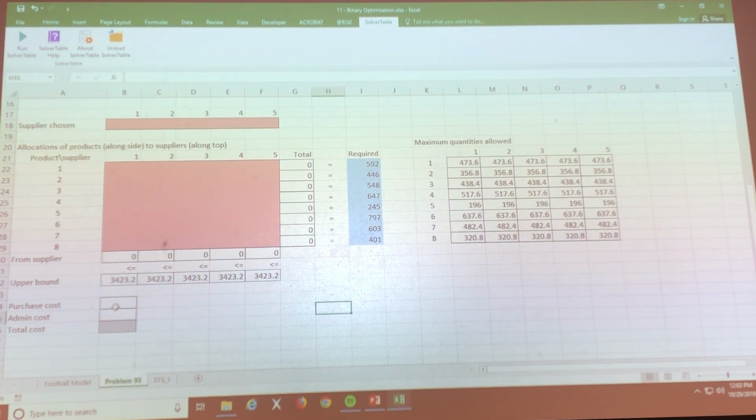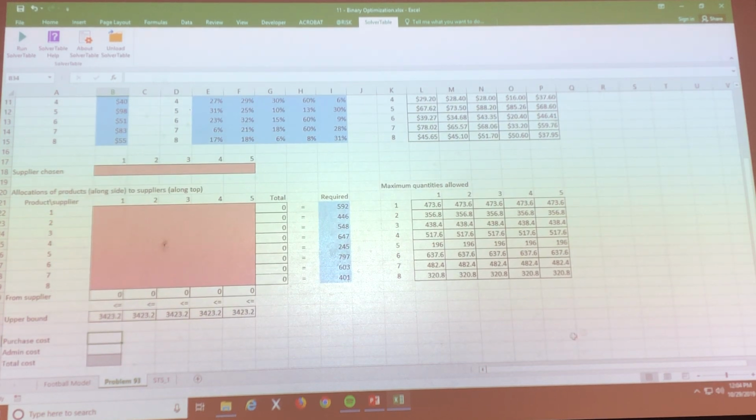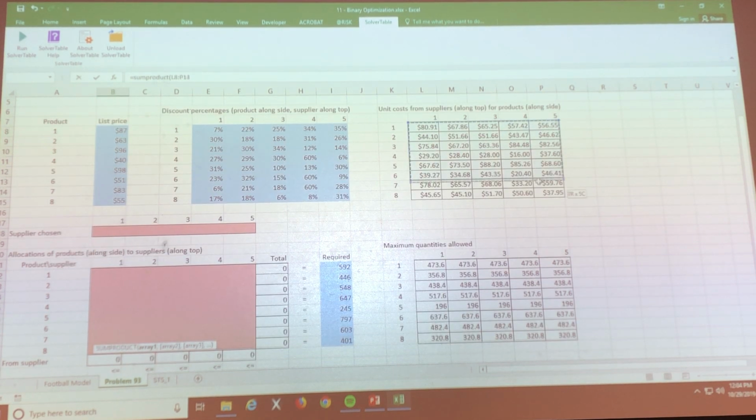I now need to start calculating the cost, because the costs go into the objective of total cost. What's my purchase cost? It's the sum product of unit cost and maximum quantity. We calculated these unit costs by taking the list price and the discount and everything.